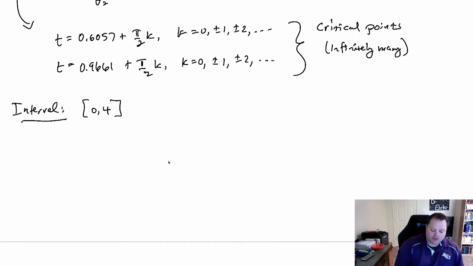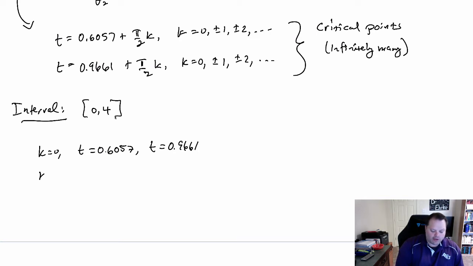So what I'm going to do in terms of testing values is write down every point until we're out of range, right? So what I mean by that is if k is 0, what are our critical points? Well, they're t equal to 0.6057, t equal to 0.9661. Neither of those critical points is outside the interval from 0 to 4.